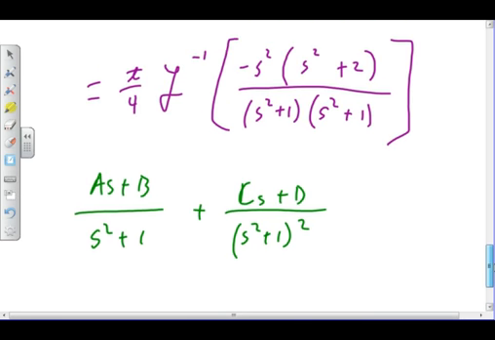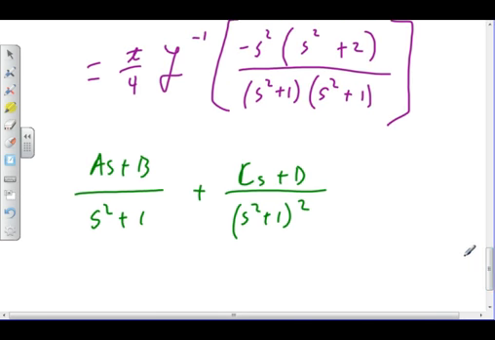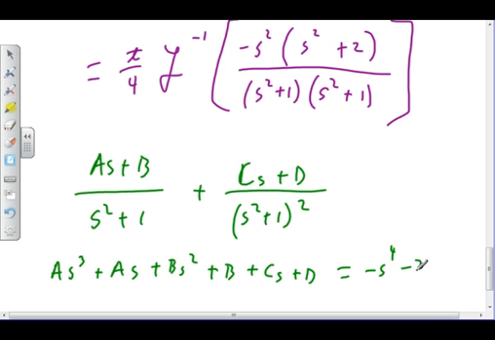If I were to do that, then I would have as cubed plus as plus bs squared plus b plus cs plus d is supposed to equal minus s to the fourth minus 2s squared. At that point, I don't have an s to the fourth term, and I am hosed city. How hosed am I?